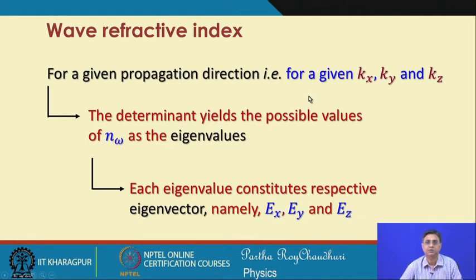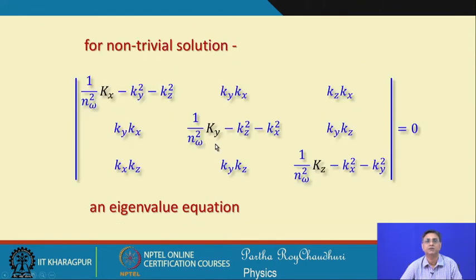That is, if we specify the direction of propagation, then we know k x, k y and k z. The determinant equation will yield the possible values of n omega as the eigenvalue, because it involves only k x, k y and k z.